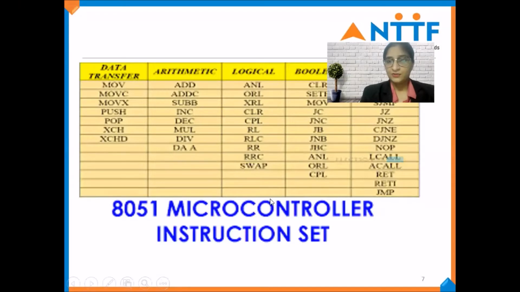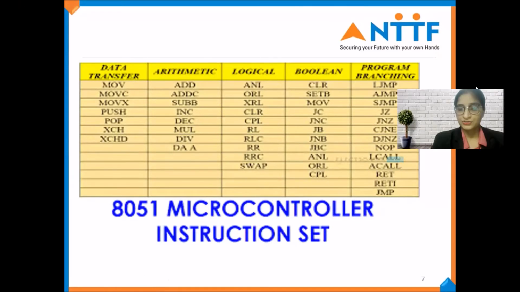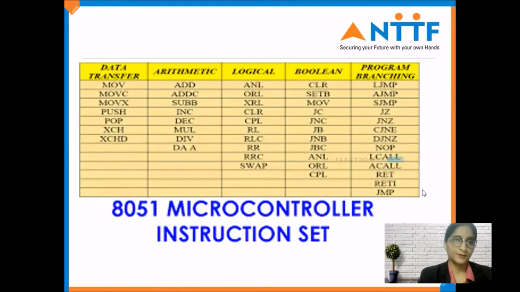This is a chart where you can have an overall idea about all the instructions of 8051, like data transfer, arithmetic, logical, Boolean, and program. In all the columns, you'll see we have categorized many instructions. These are all already there in the library of our Keil software, so we are not going to change anything.